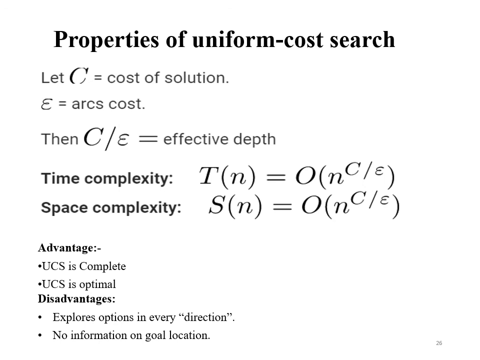The advantage of uniform cost search is that it is complete and optimal. The disadvantage is that it explores options in every direction, with no information on goal location, because this is an uninformed search.